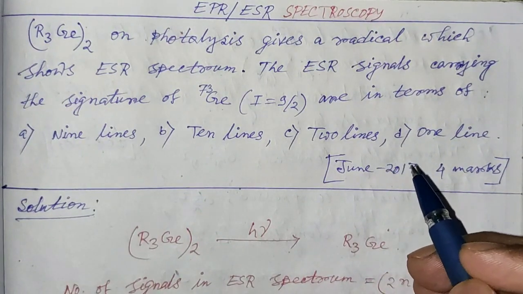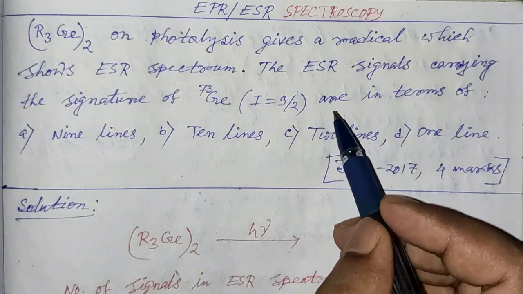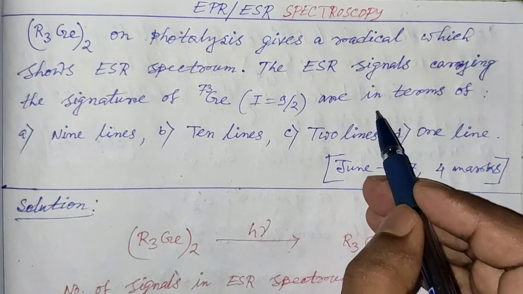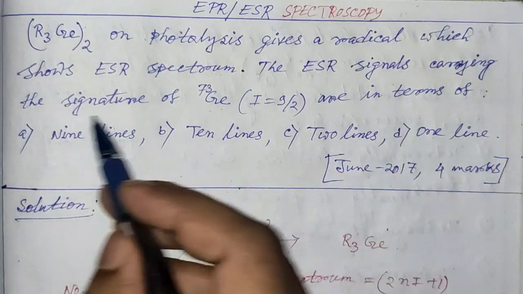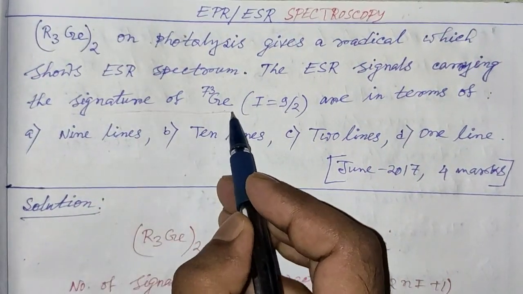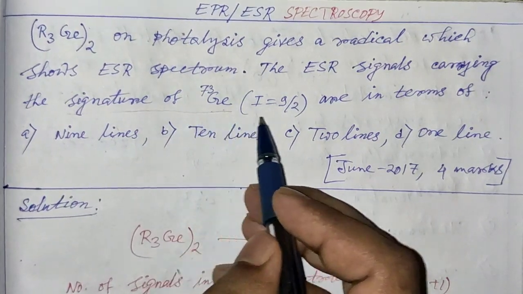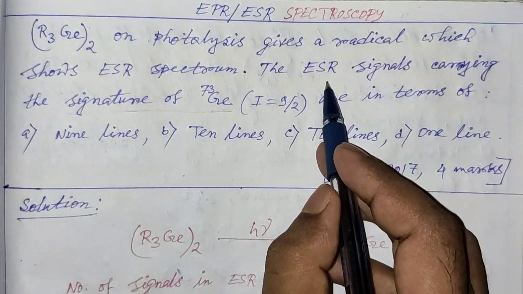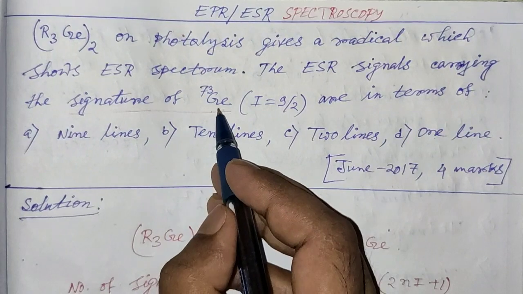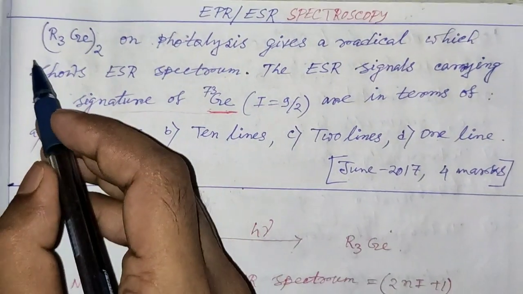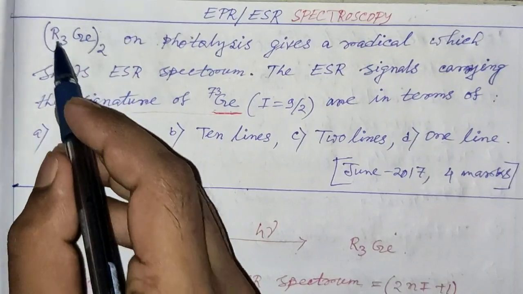That is, from the question we can say that we have to calculate the number of signals which will carry the signature of germanium 73. It signifies that the signals for EPR spectrum will arise only for germanium, not for this R group.